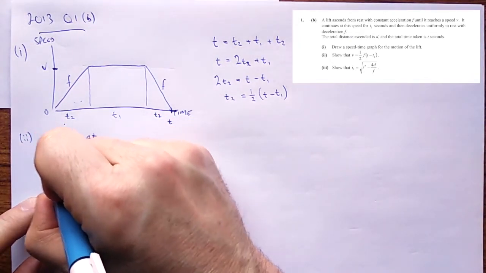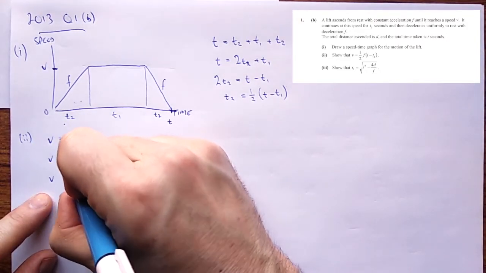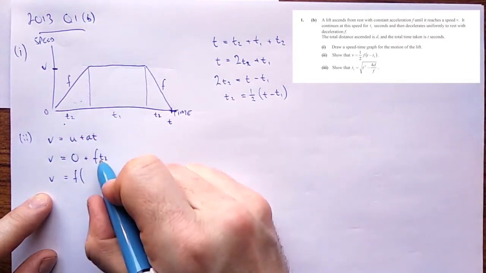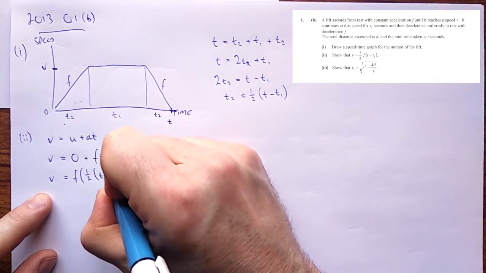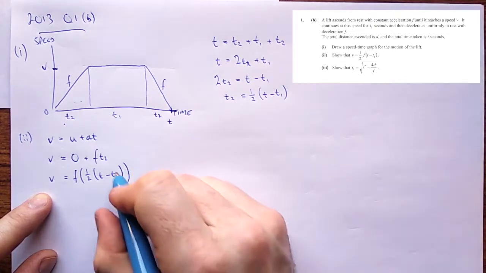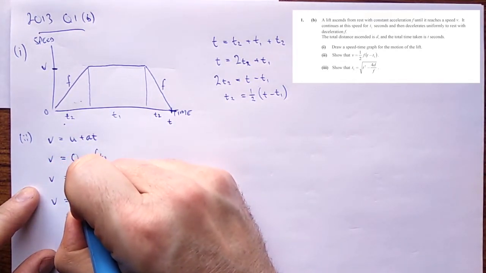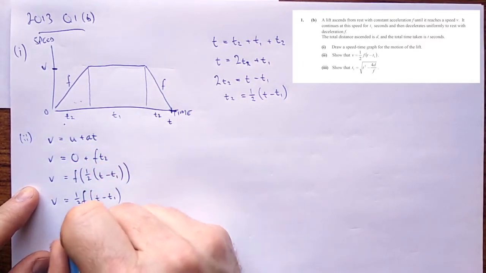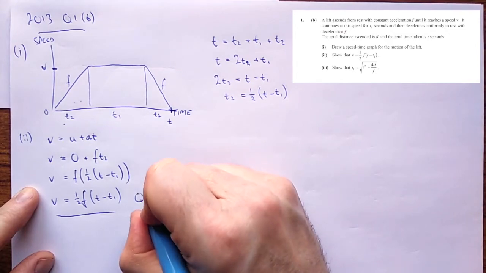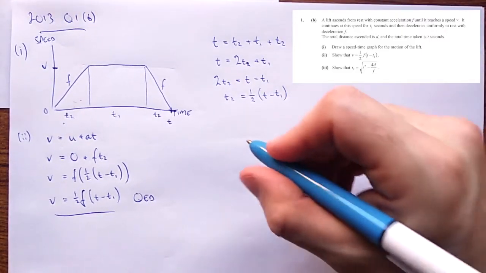All right, tidying that up again, v equals f, and we'll swap out the t2. It's now a half t minus t1. Tidying it all up, we get v equals a half f t minus t1. Exactly what we're asked to show. QED. So, now on to the next part.